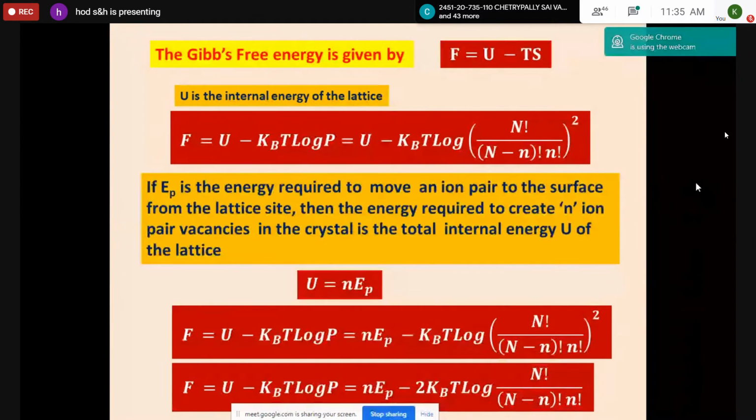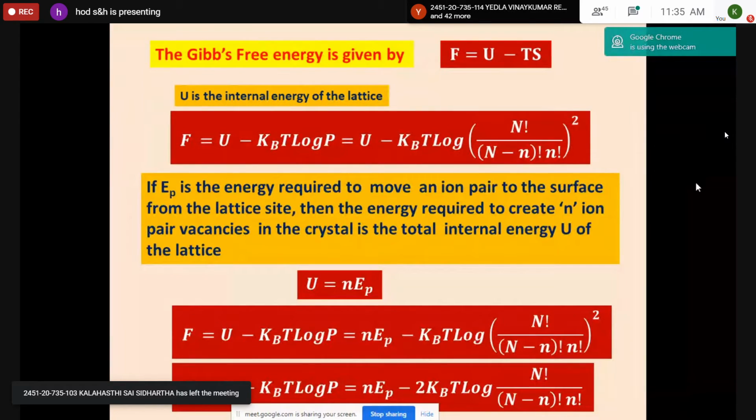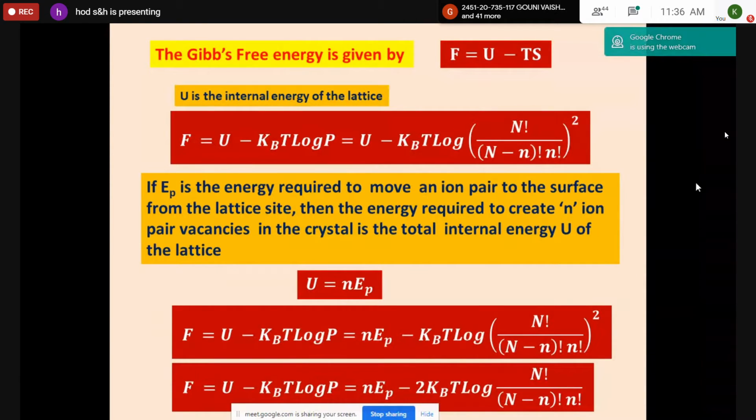Like that, there are n ion pair vacancies. So the total energy associated with the creation of n ionic vacancies is the internal energy, given by U is equal to n into EP, because EP is the energy for the creation of one ionic vacancy. So in the above equation, instead of U, you have to substitute this nEP.